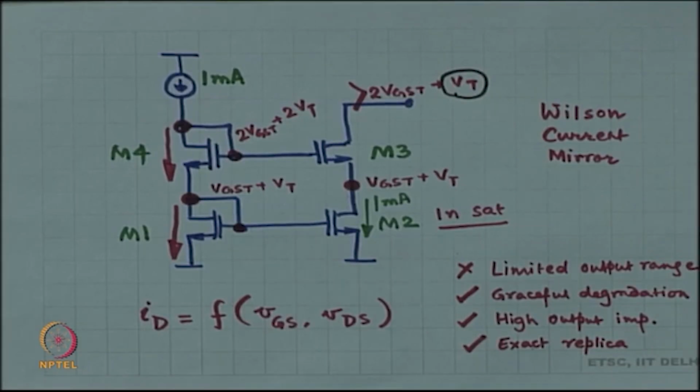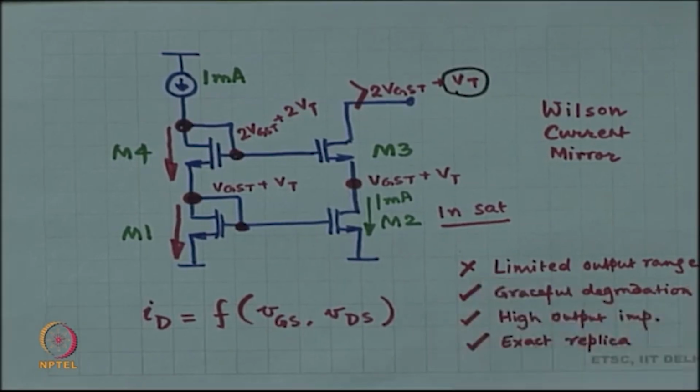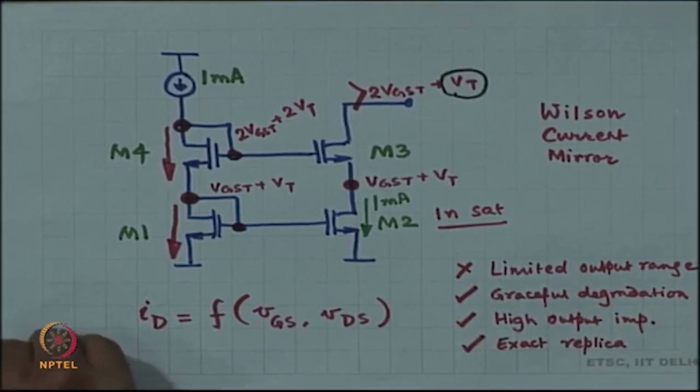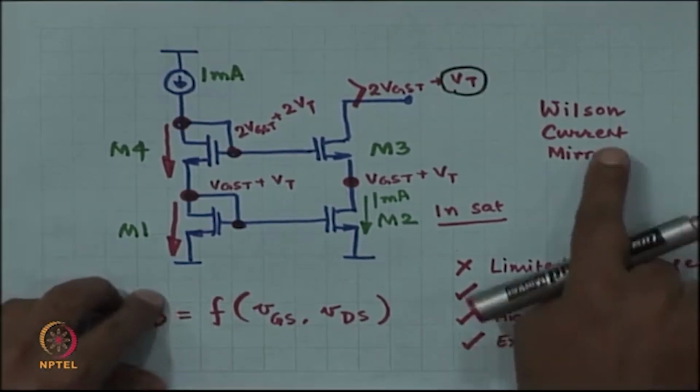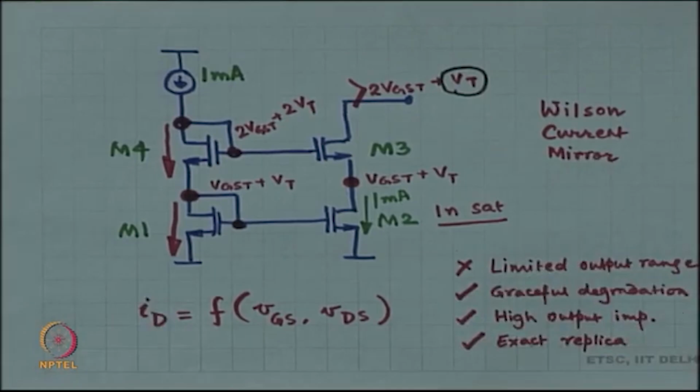All right. So, there are some good things, there is this extra cost. Okay. So, this is a very popular current mirror, it has a name, Wilson current mirror, it is used very frequently in a lot of circuits.